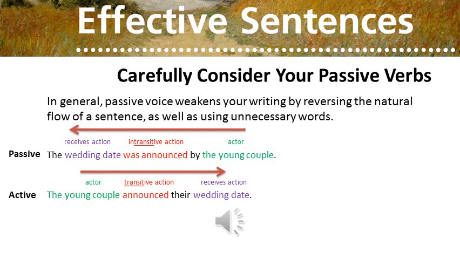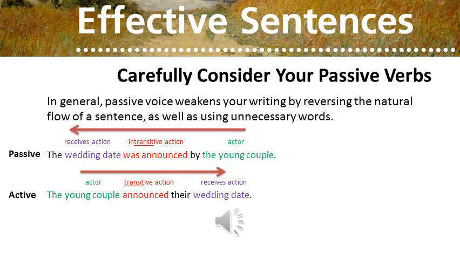So in the example we have here, the passive voice, the wedding date was announced by the young couple. Well, who did the announcing? Well, it was the couple. Why then are they not the subject of the sentence? You have an intransitive action, meaning that there is no object of the action, and then you have the wedding date. So the sentence really moves from the person announcing, the young couple, to the action, the announcement, to what is being announced, the wedding date.